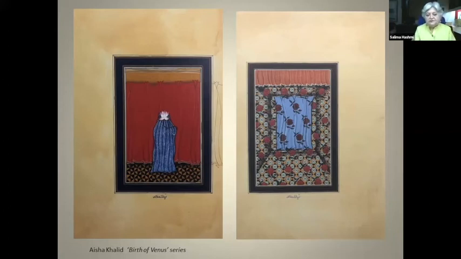In the Birth of Venus series, the walls are crushing and coming towards the woman, or the fabric is covering her. A pattern which should be enjoyed and celebrated becomes menacing, because it seems to add to the claustrophobia that is there with the female body.